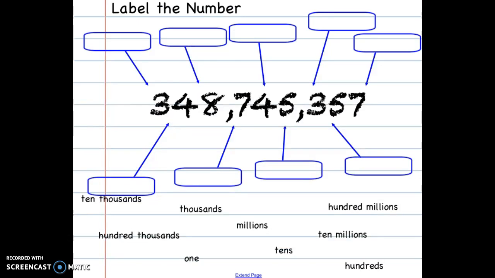Now we are going to label this number based on its place value. The first one is 100 million. The second one is in the 10 millions. The third in millions. The 7 represents 100 thousands.